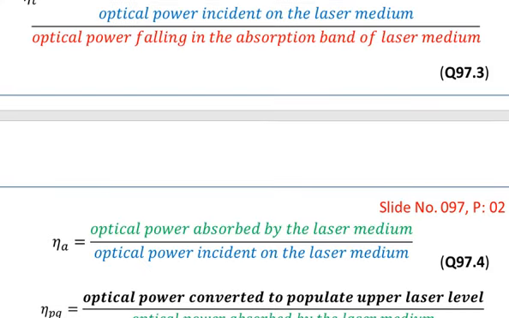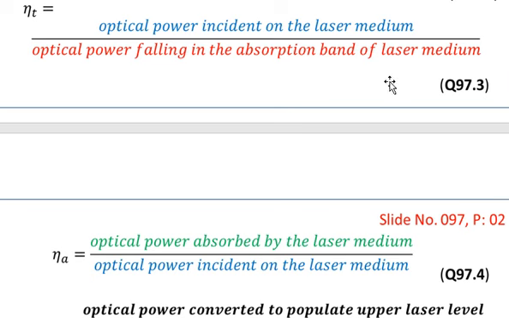So it means that the numerator in eta T will be cancelled by the denominator in the definition of eta A, and that's why I have shown them with the same colors. Then you can see that the numerator of eta A is shown in green.